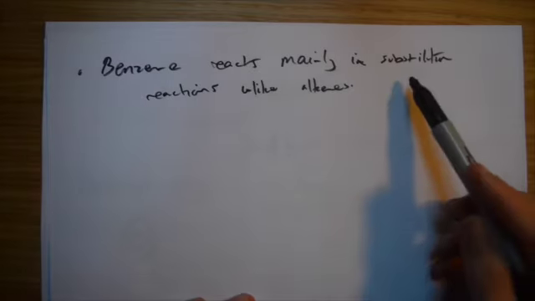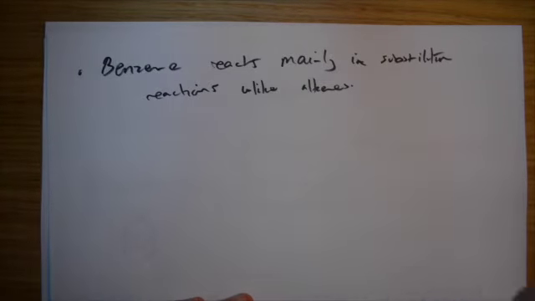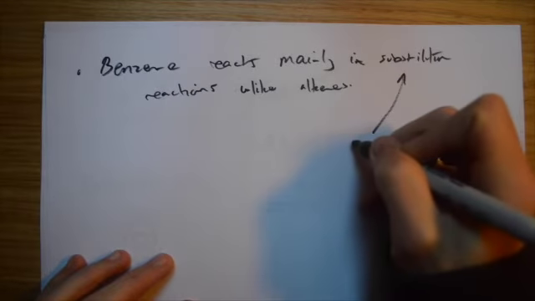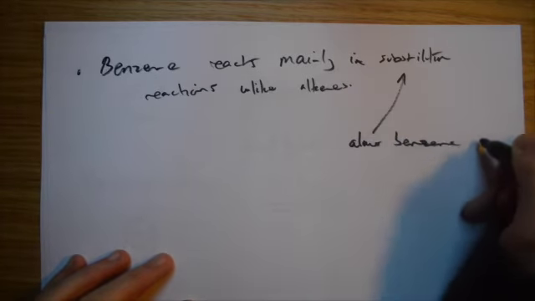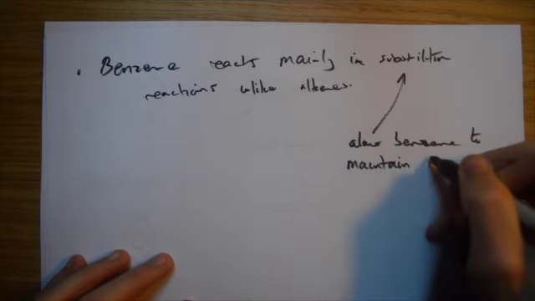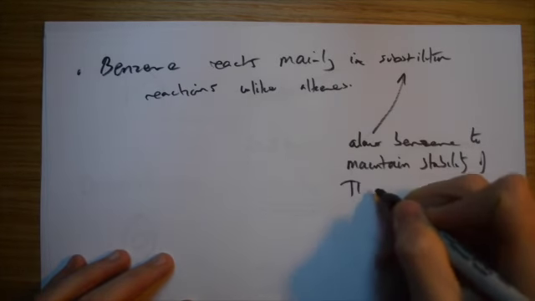The reason it likes to react in substitution reactions is because it allows it to maintain the pi orbital system around the ring, which allows it to keep stable. So by doing this, it allows benzene to maintain the stability of the pi electron system.